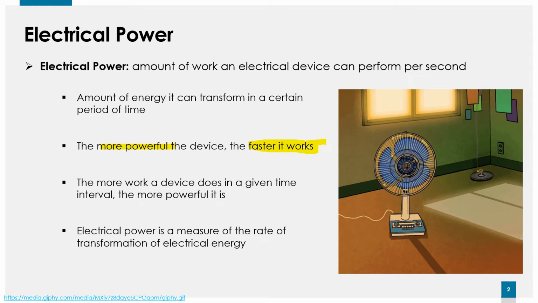For the fan, the electrical energy is being transformed to mechanical energy. And the rate of this transformation, or how fast the fan is moving, is what we call the electrical power. So we can have some fans that are more powerful and some that are not, okay?